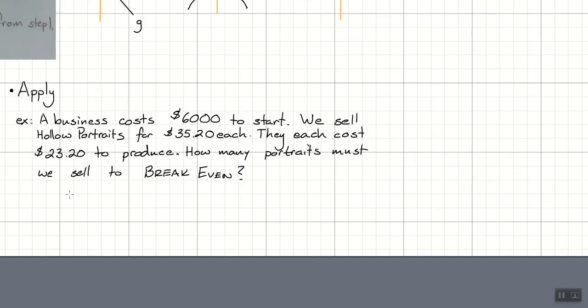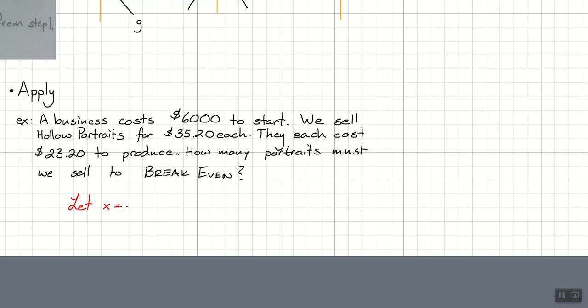Cool. So, check it out. You guys are probably most comfortable using X and Y, I assume. Well, what's X going to represent? It's a number of something. Say that again?